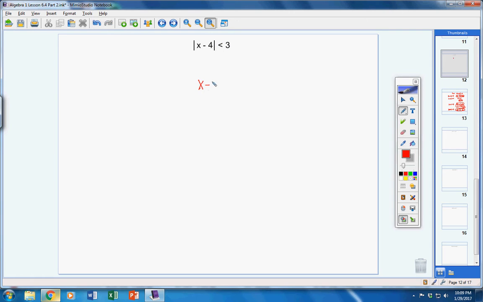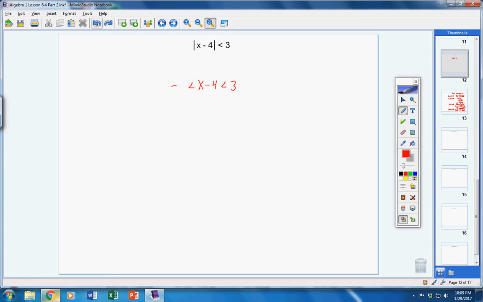So you write your x minus 4 right in the middle without the bars. You bring down your less than your 3. Then over here, you write less than again, and you put a negative 3. So whatever this number is here, you change the sign and you put it here. Got it? And you bring over your less than arrow there.